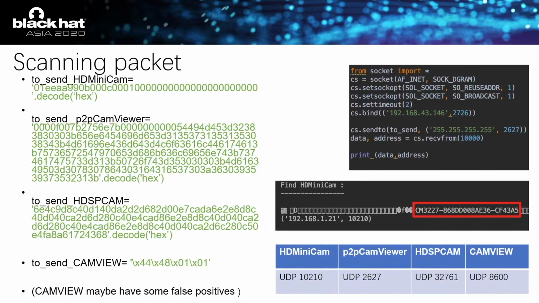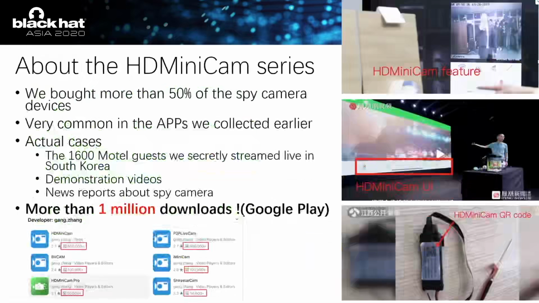For instance, the picture on the right shows that the LG Mini Cam spy camera under Wi-Fi is being scanned, and then a return packet with the camera ID is received. The speed is breakneck due to the broadcast scanning.